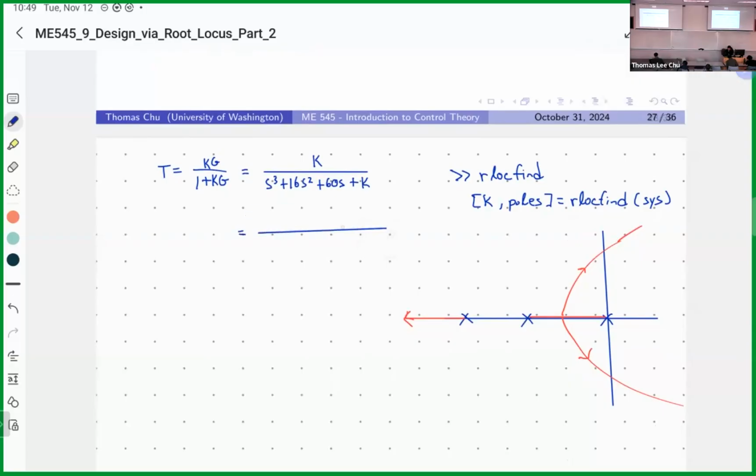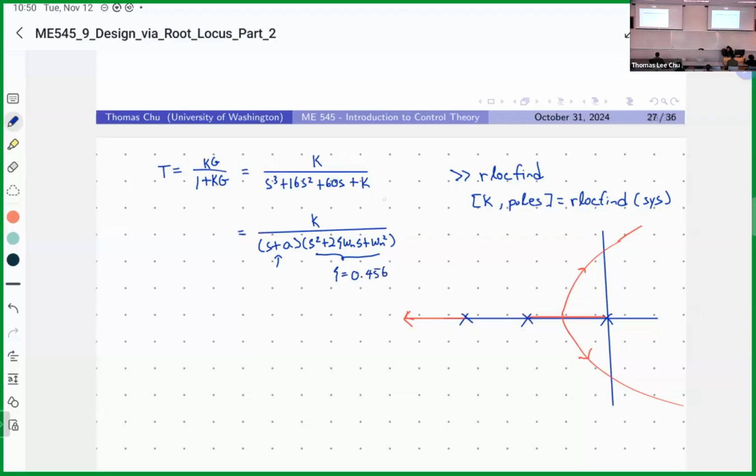It would be K divided by (S plus, maybe I'll say A) times (S squared plus 2 zeta omega n S plus omega n squared). From my root locus, I can see that I have a third pole that's real and a pair of complex conjugate poles where zeta is equal to 0.456.